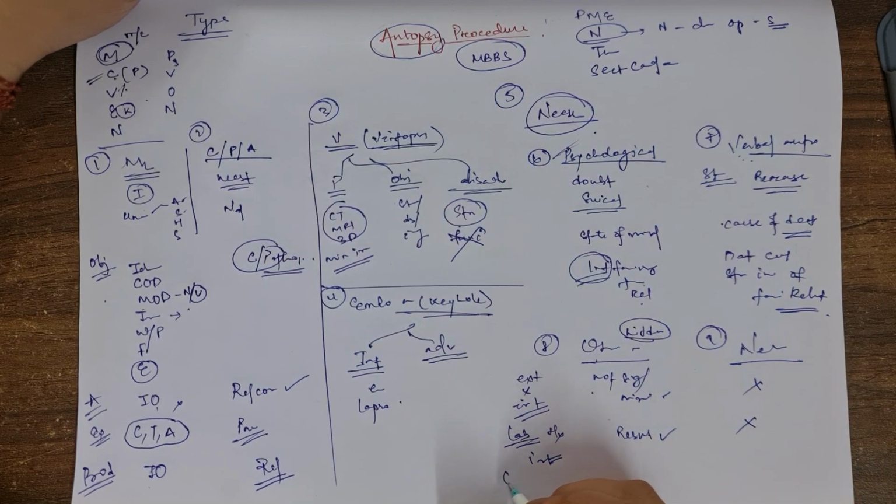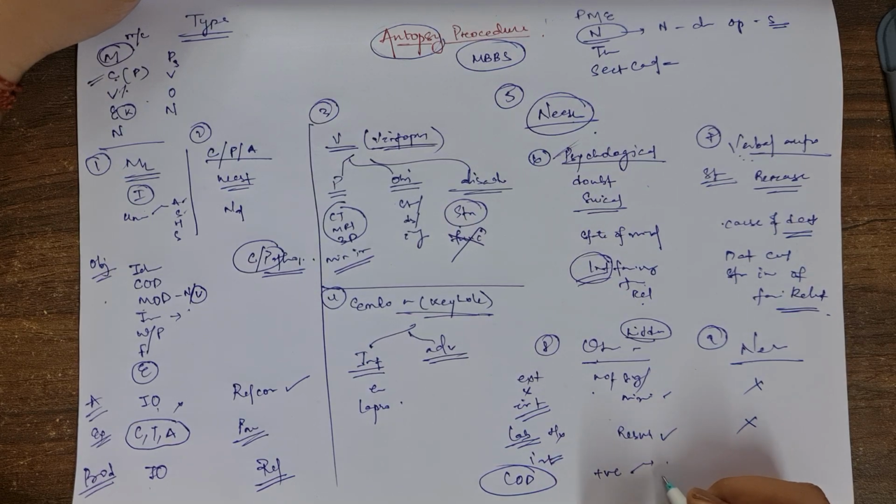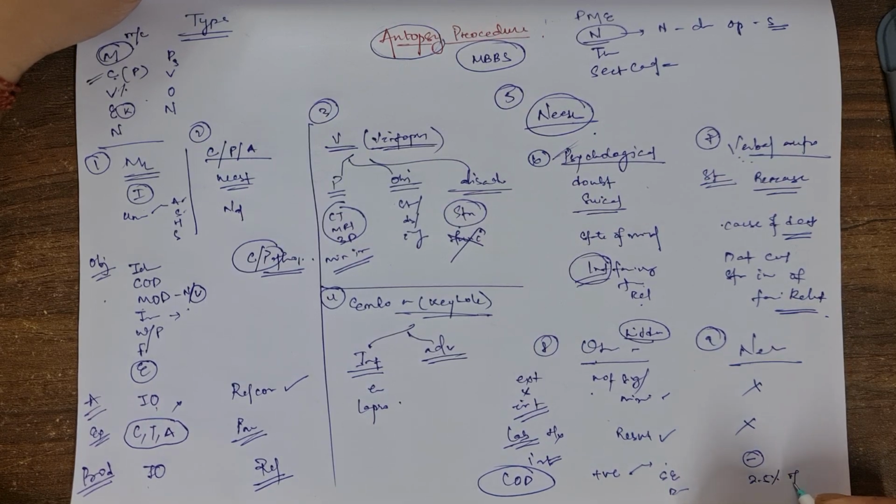Then opinion on cause of death. In obscure autopsy it is positive, like vagal inhibition of the heart, status epilepticus, paroxysmal fibrillation, uremia, diabetes, and so on. In negative autopsy the opinion is negative, which occurs in 2 to 5% of all autopsies.